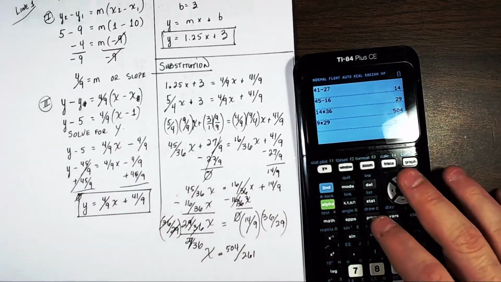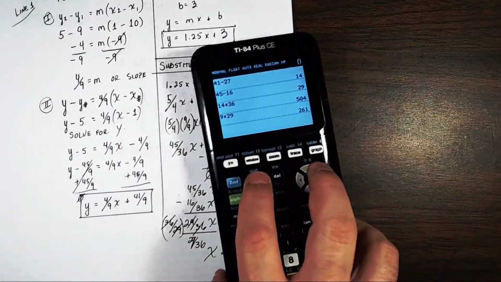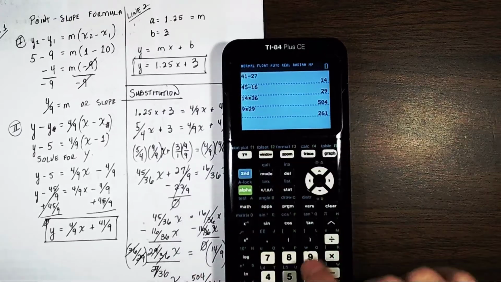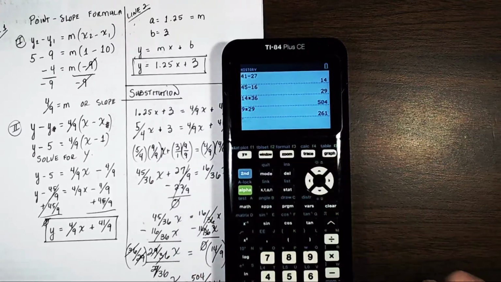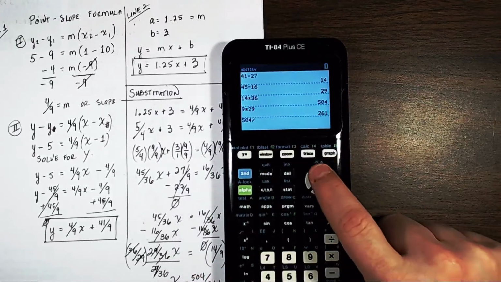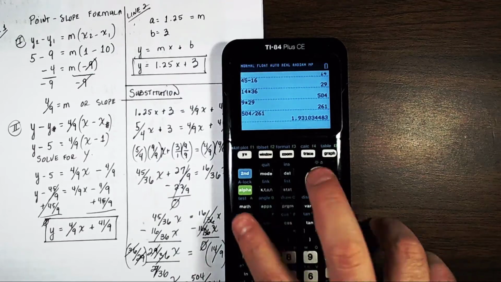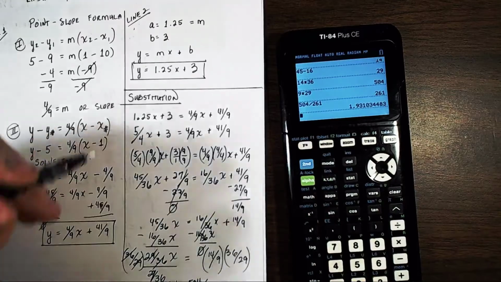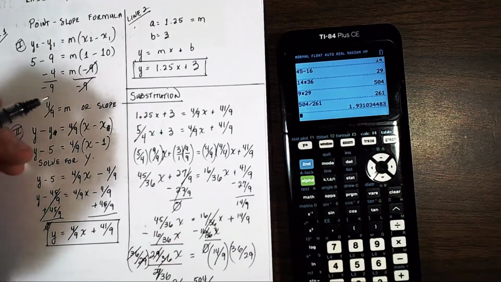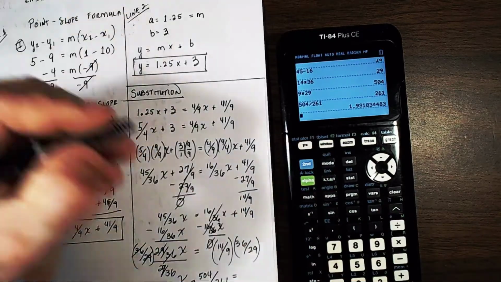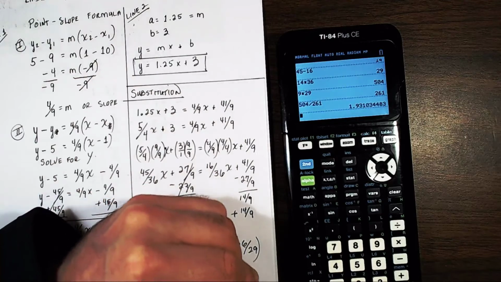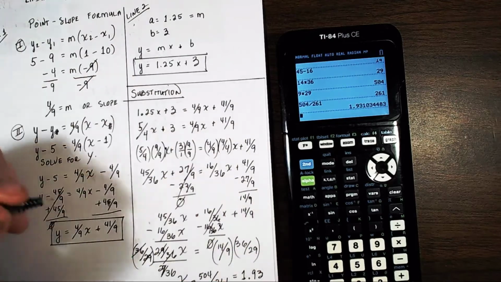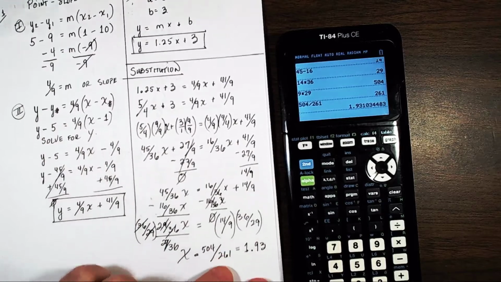Okay, so now we can actually divide, take 504 divided by 261, and we see that we actually have a fraction, and we'll just approximate that fraction to 2 decimal places. So this as a decimal is 1.93. So we now have our x value.